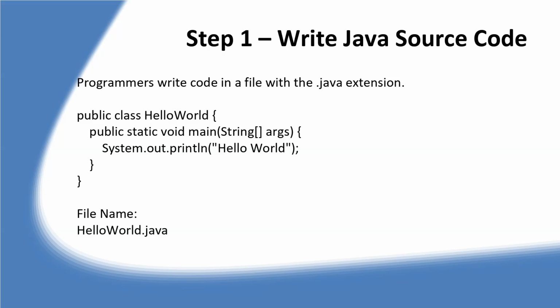So file name is HelloWorld.java, which contains these 5 lines of code. So we have written the Java source code, that is step 1. The file contains human readable code, but the computer cannot understand it directly. Therefore, it must be translated into a format that the computer can execute.